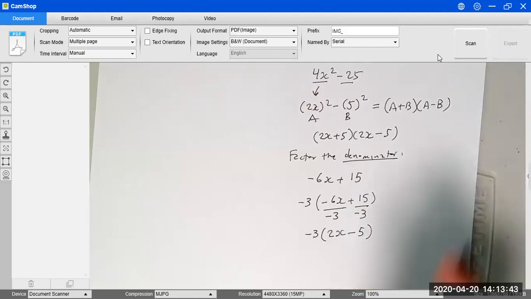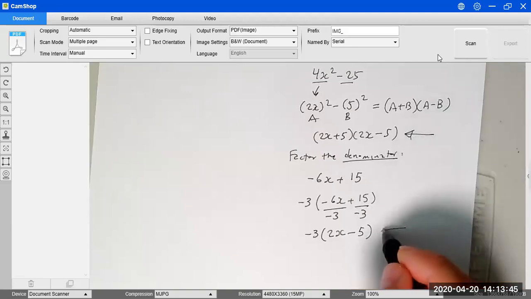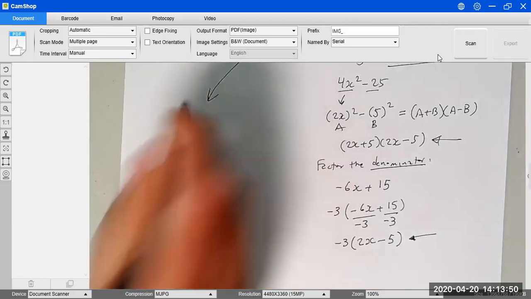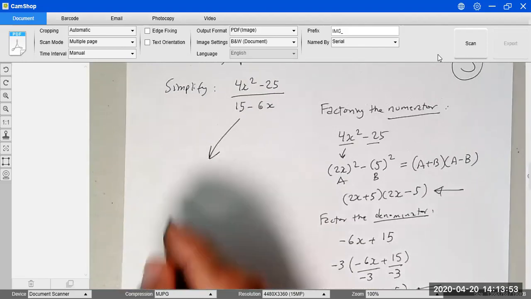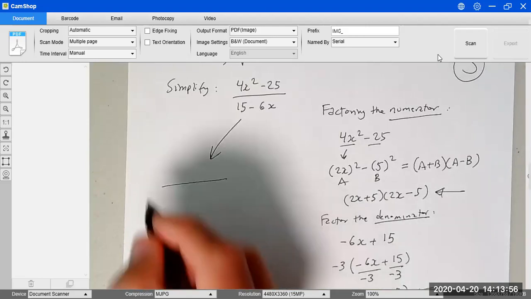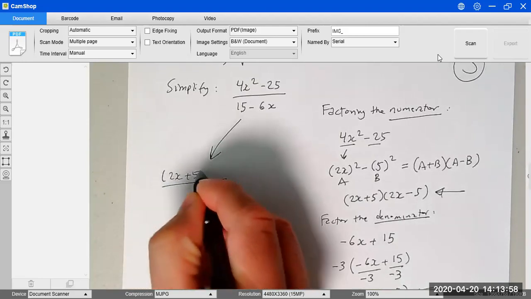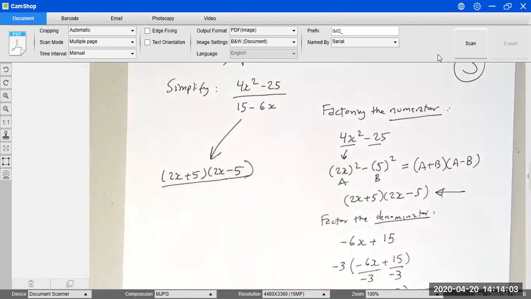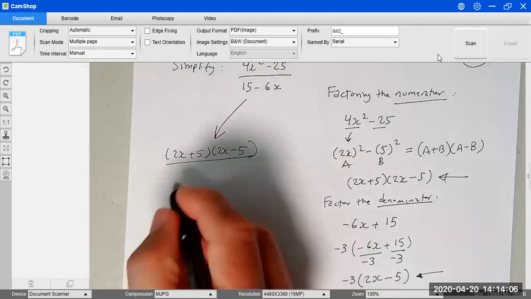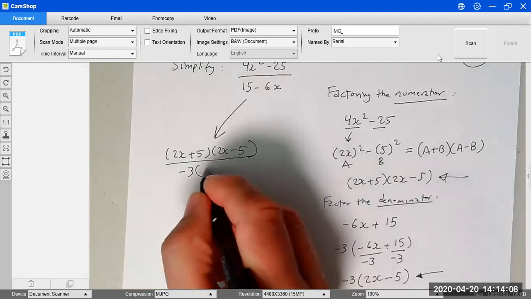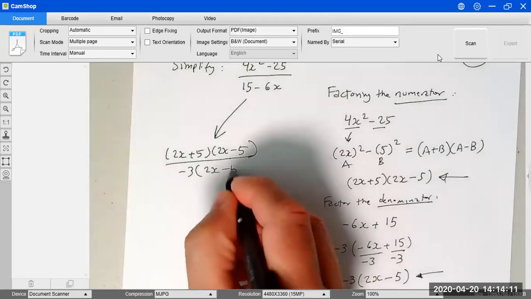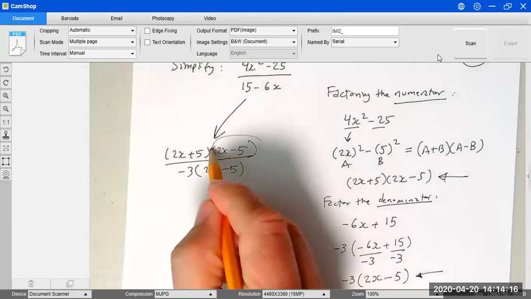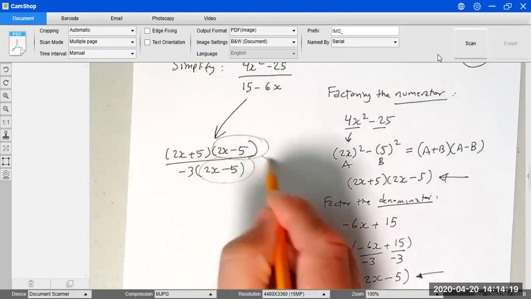So I have my numerator and my denominator now written using factors. That means we're going to write this rational expression as the following. The numerator is 2x plus 5 times 2x minus 5, and the denominator is negative 3 that multiplies 2x minus 5. Now we can cancel terms. We can cancel this factor and this factor.